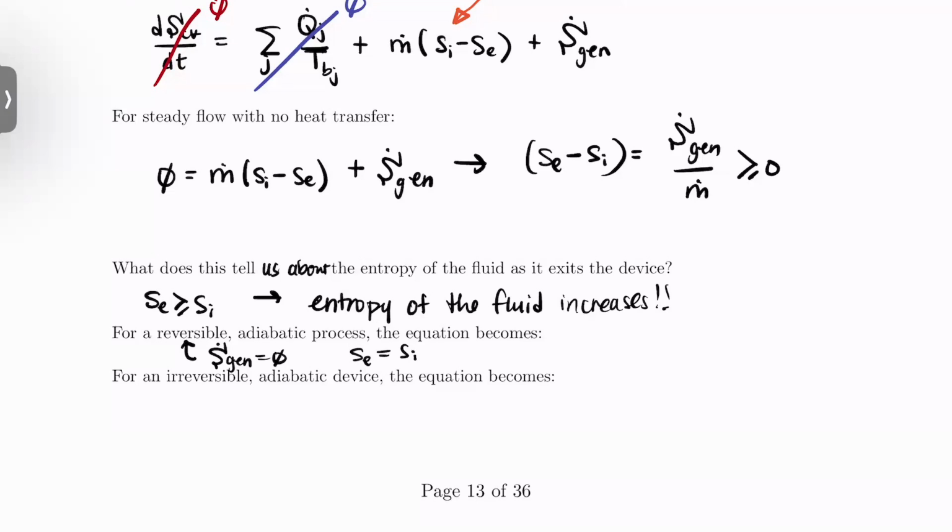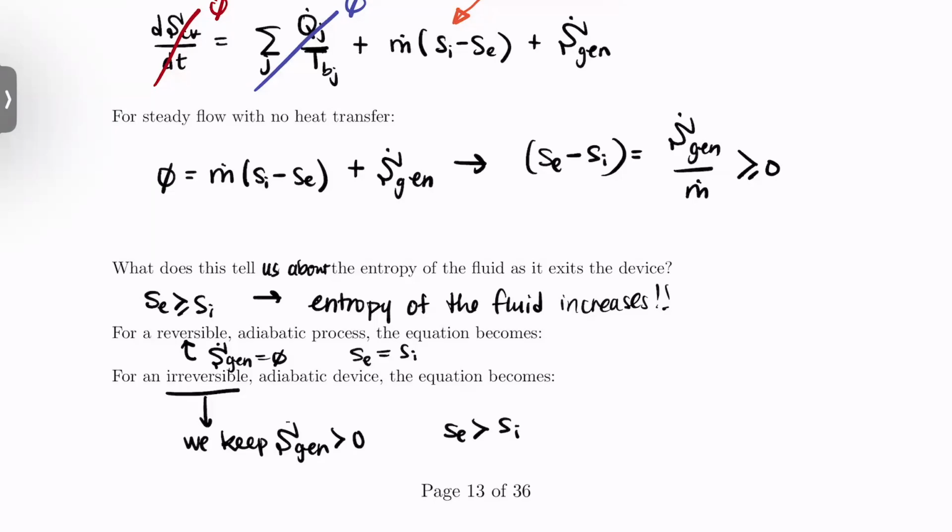But for an irreversible adiabatic process, this means we keep S dot gen, and that is greater than 0. Then we have s_e is greater than s_i. Okay?